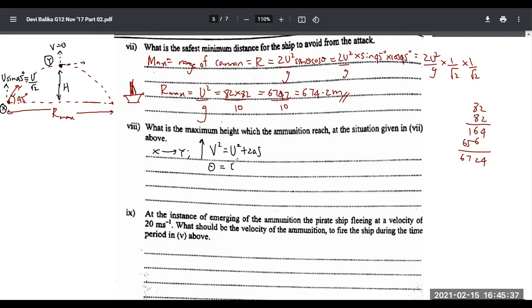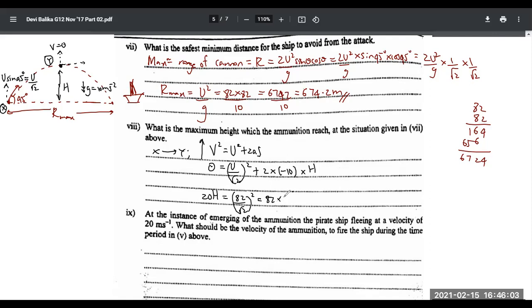That is u divided by root 2 squared plus 2 into 4. I have to put minus 10 because gravity is vertically downwards, but I'm applying the equation upwards into the maximum height, capital H. Therefore, this goes to the other side, and we get 20 capital H equals this. It is actually 82 divided by root 2 squared, that is 82 into 82.